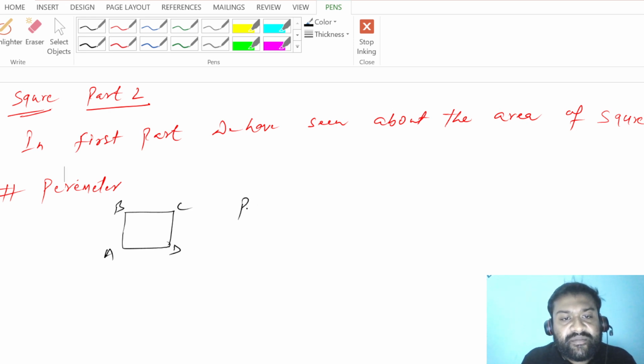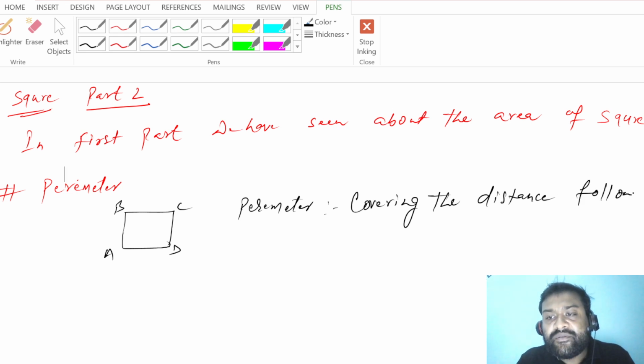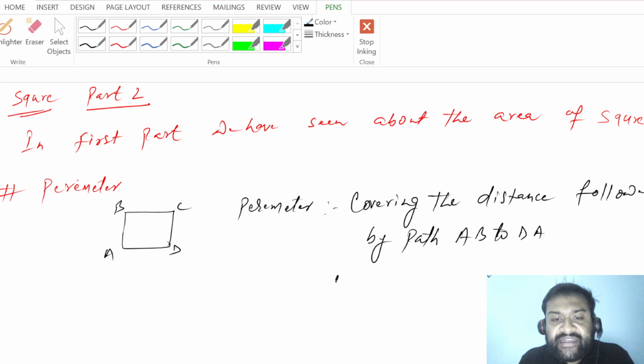Perimeter of a square says covering the distance followed by path AB to DA, that is AB plus BC plus CD plus DA.